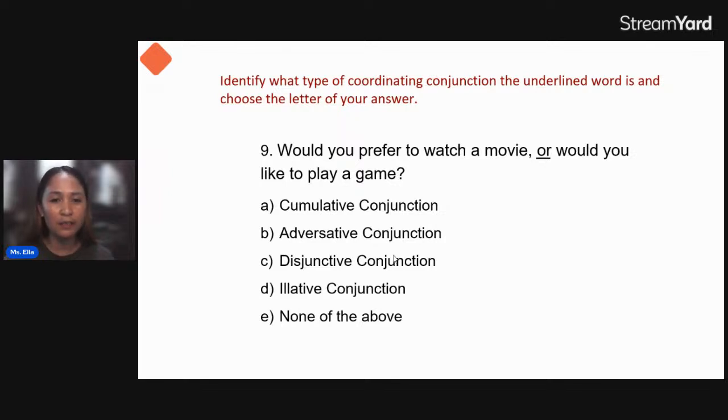Letter C, disjunctive conjunction? Letter D, elative conjunction? Or letter E, none of the above? Again, I want you to understand the sentence. For number 9, what's your answer?